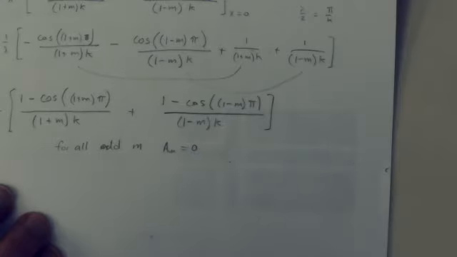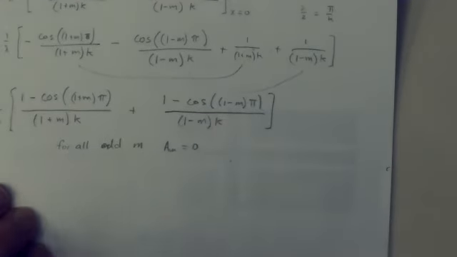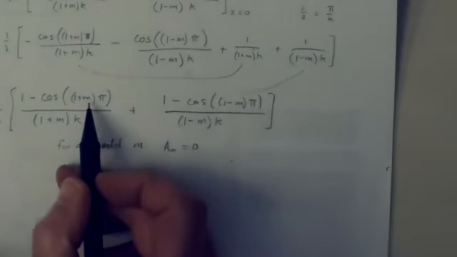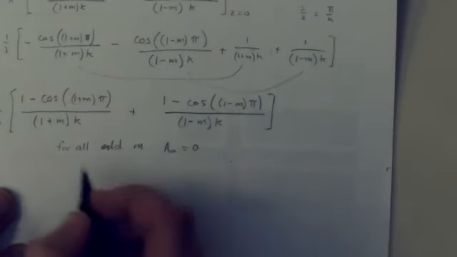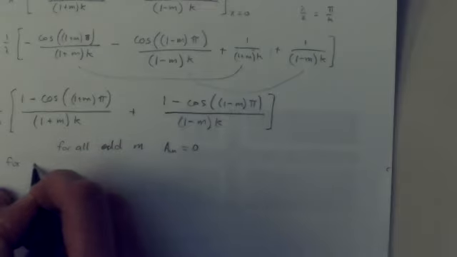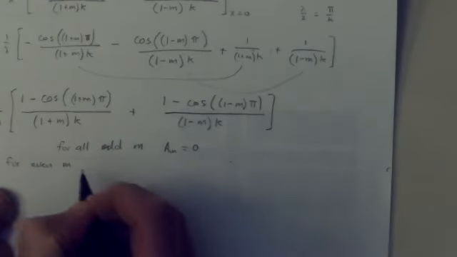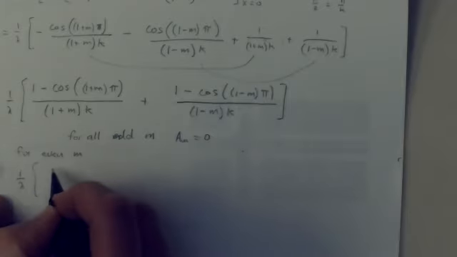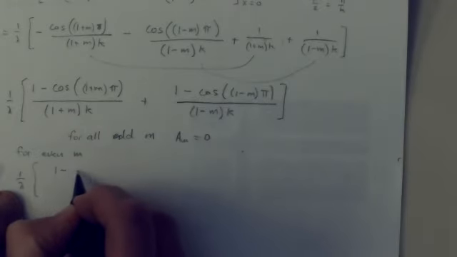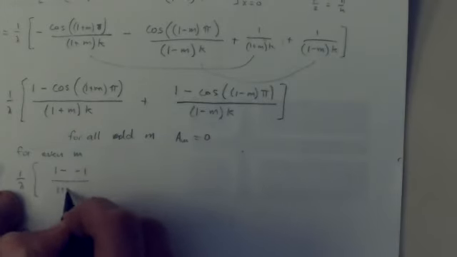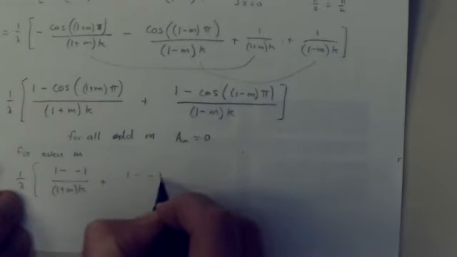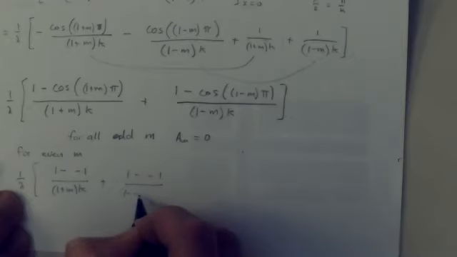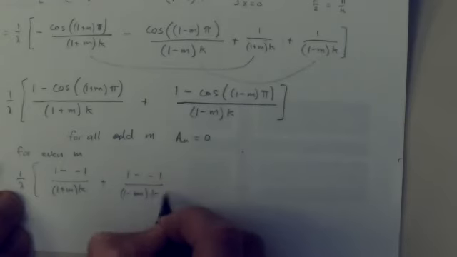For even values of m, then this would be -1. So for even m, we would have 1 over lambda times 1 minus a -1 divided by 1 plus m times k plus 1 minus a -1 divided by 1 minus m times k.